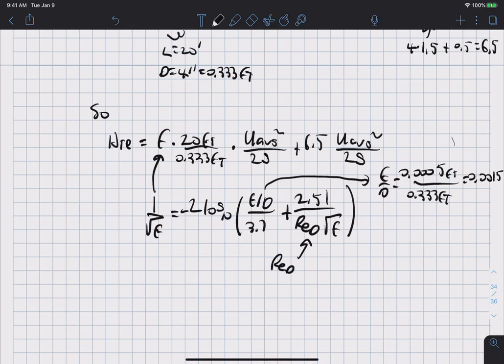The Reynolds number based on diameter equals rho U averaged times D over mu, or you can write the same thing as U averaged times D over the kinematic viscosity.